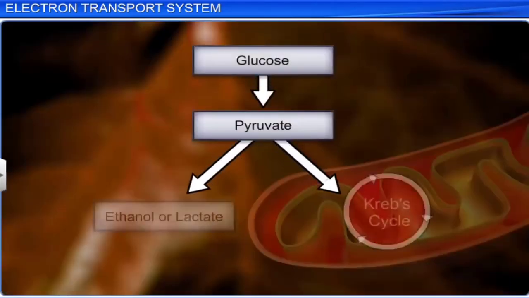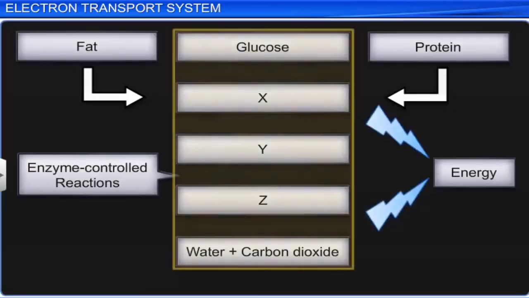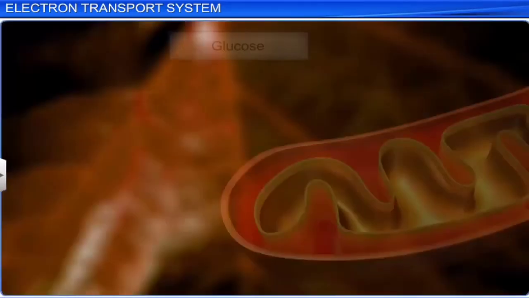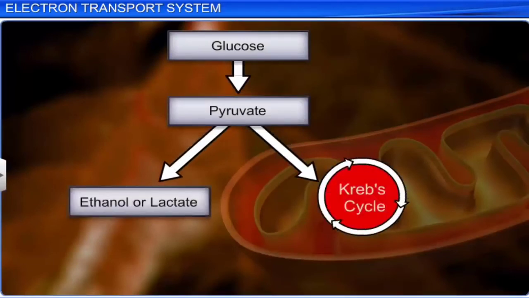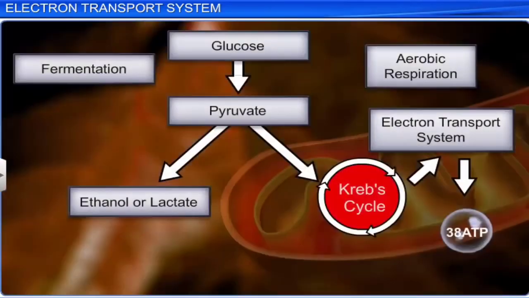The intermediates formed are not used for synthesis of other compounds, and only the glucose molecule is respired and no other molecule is used as a substrate for respiration. Based on these assumptions, we can calculate that aerobic respiration results in a net gain of 38 ATP molecules from complete oxidation of the glucose molecule into carbon dioxide and water. Fermentation, on the other hand, results in a net gain of 2 ATP molecules from the partial breakdown of the glucose molecule.